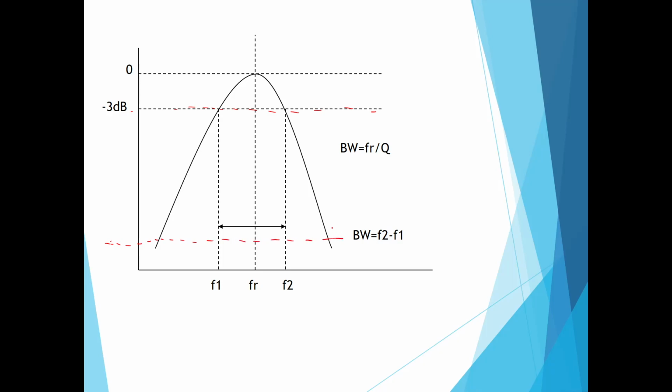Okay, and minus 60 dB is somewhere here. You see that the line crosses at minus 3 dB over here, and at minus 60 dB somewhere over here, it will cross at this point.